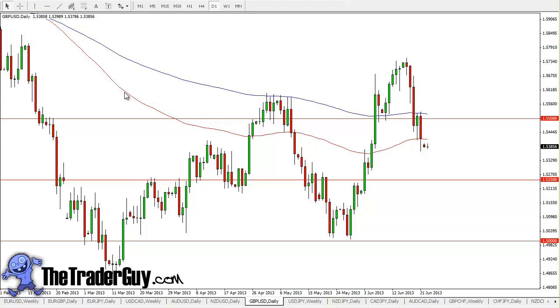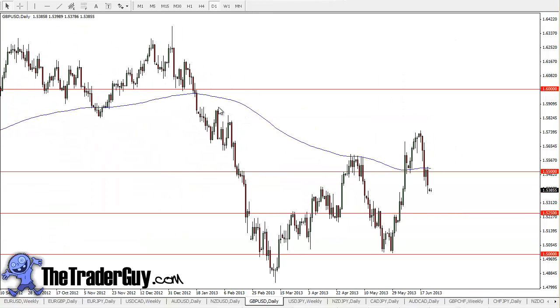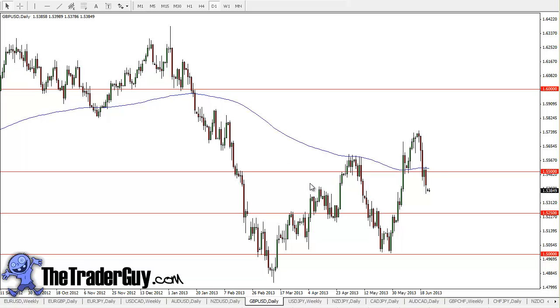Personally, I really don't put much stock into them, except for maybe the 200-day moving average, simply because so many of the world's stock traders who have become Forex traders will use these to determine trends. And quite frankly, it makes more sense in the stock market that has 200 days in a year than it does in Forex. But nonetheless, it does get mentioned. So having said that, that's why it's on the chart.